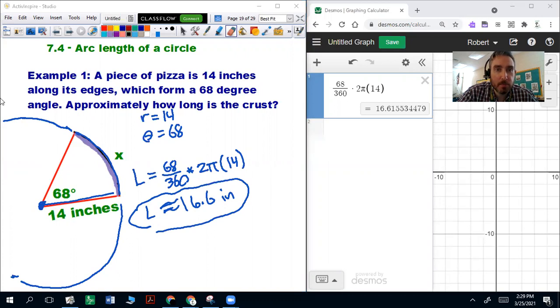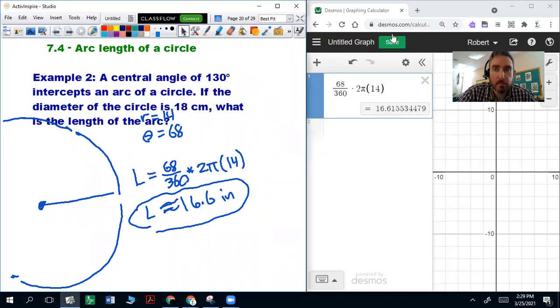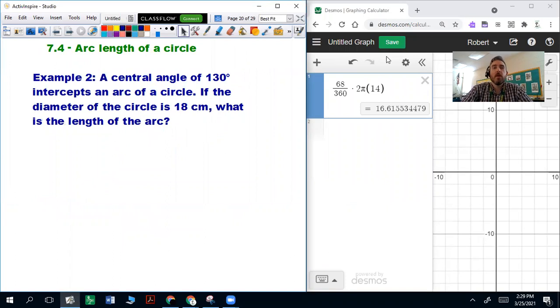Let's look at example 2. A central angle of 130 degrees opens up toward an arc of a circle. If the diameter of the circle is 18, what's the length of the arc? All right, so let's picture the circle.